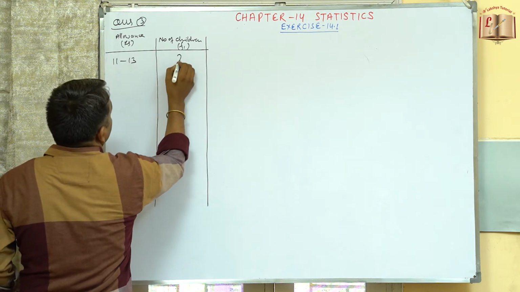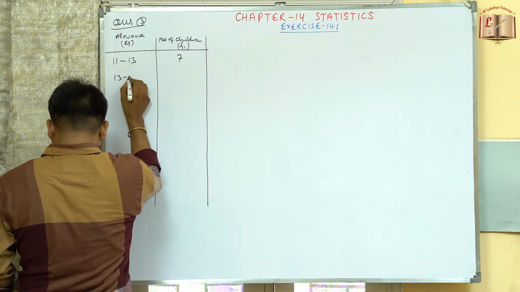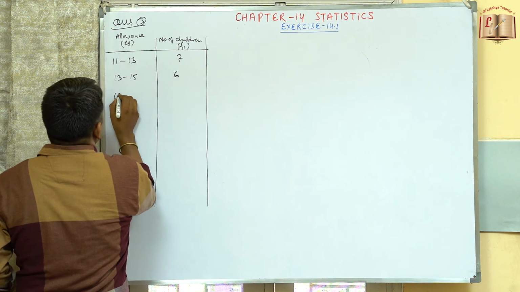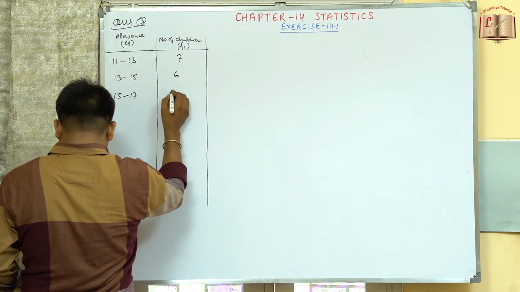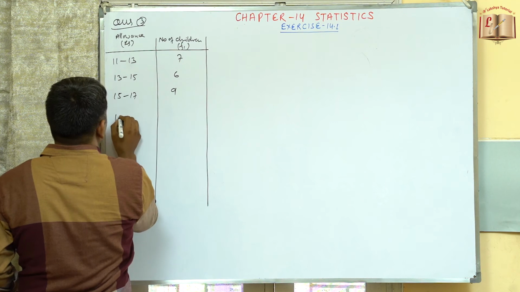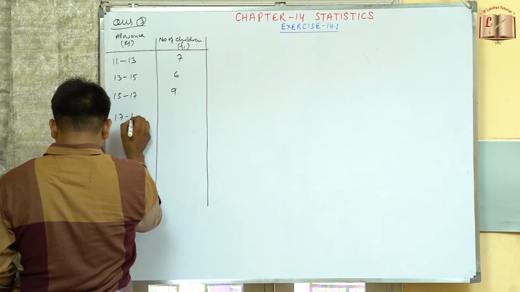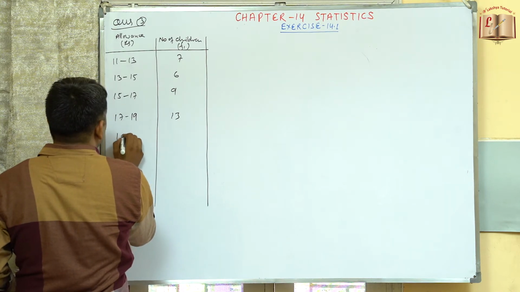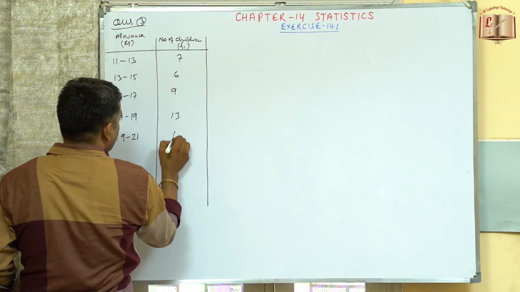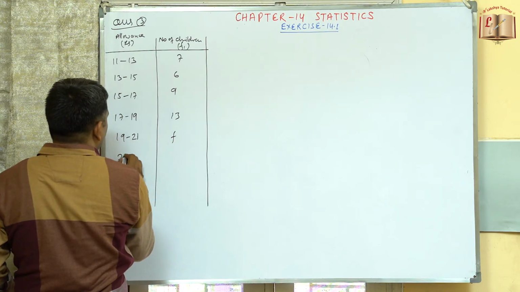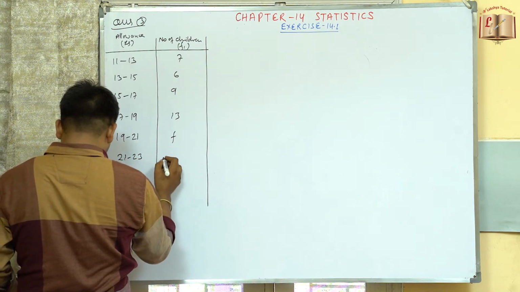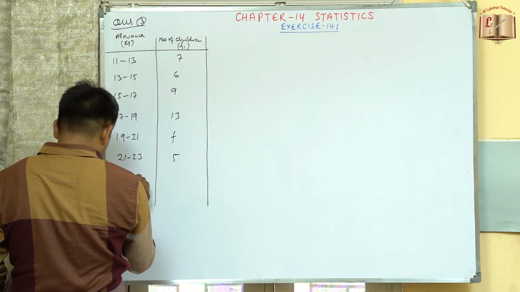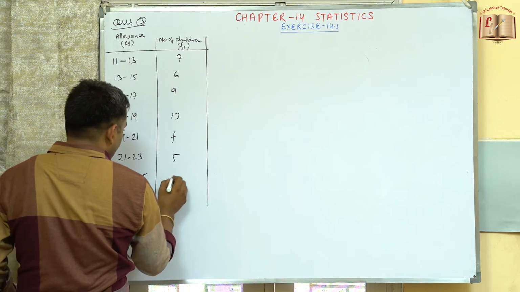So 11 to 13 is 7, then 13 to 15, this is 6, then 15 to 17, this is 9, then 17 to 19 is 13, and 19 to 21 is f, and 21 to 23 is 5, and last interval 23 to 25, this is 4.